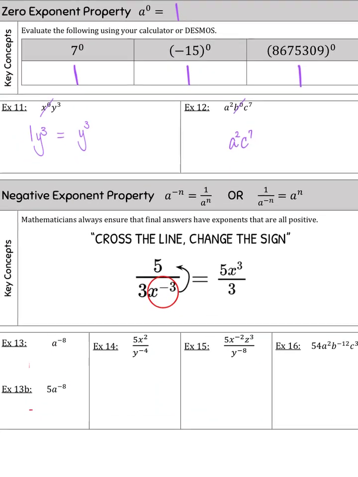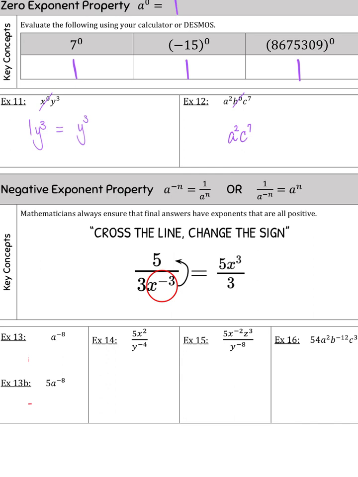Now we have one more property I want to talk to you about, and that is the negative exponent property. In this property, you're going to take all your sad exponents with the negative signs, and we're going to make them happy by moving them to the other side of the line. So what you're going to hear me say all the time is when you cross the line, you change the sign.